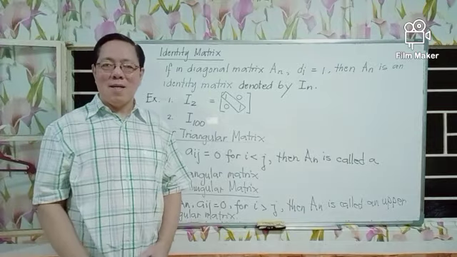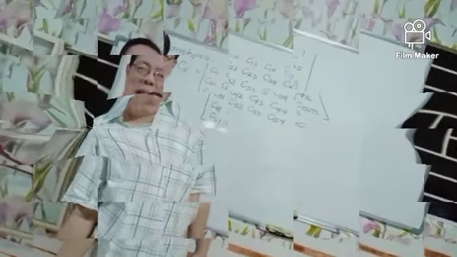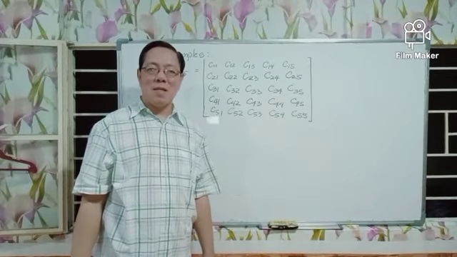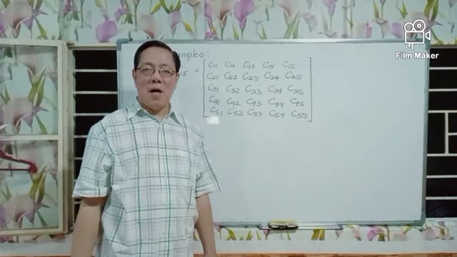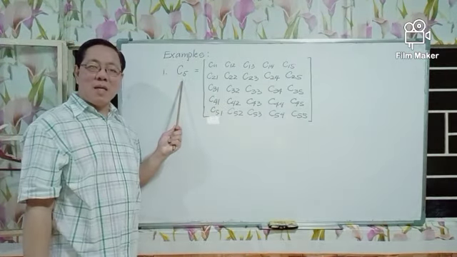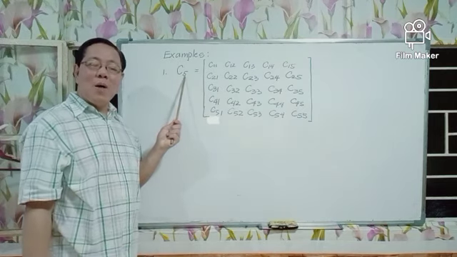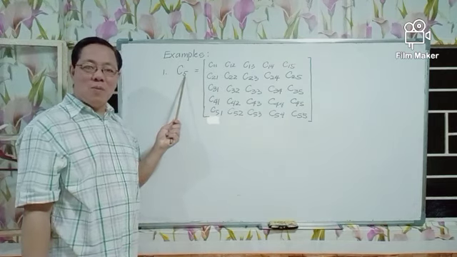We now take some examples. For our first example, consider matrix C with size 5 by 5. C sub 5 means that matrix C is a square matrix with 5 rows and 5 columns.